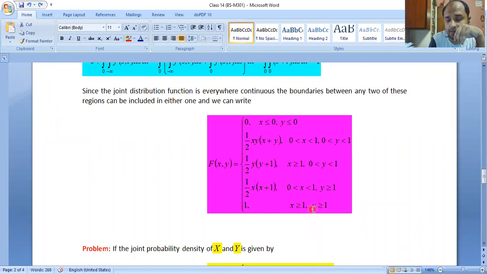Remember one thing, in continuous probability, suppose in the univariate case, if you write probability of 0 less than x less than 1, that will be the same as probability of 0 less than or equal to x less than or equal to 1. That will be the same as probability of 0 less than or equal to x less than 1. That will be the same as probability of 0 less than x less than or equal to 1.